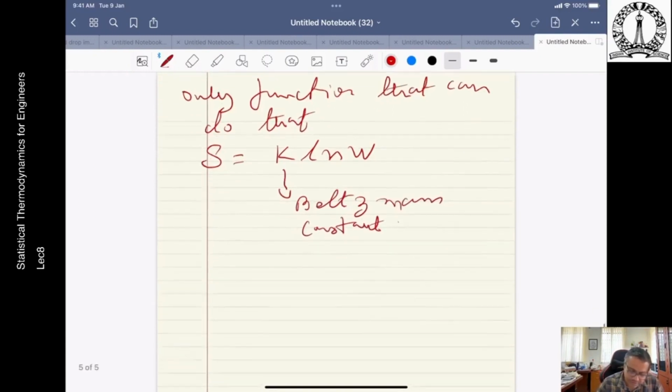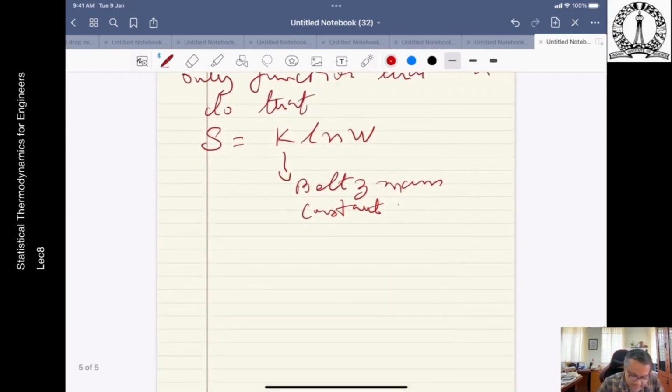Okay, so in other words, we can say that S is therefore K ln W for the most probable distribution, right?